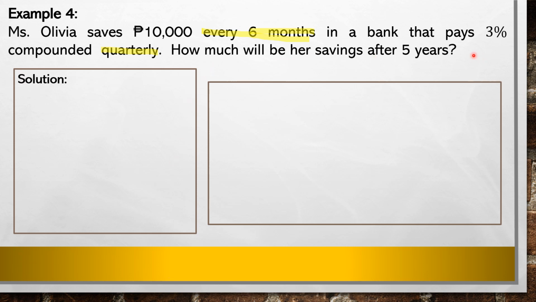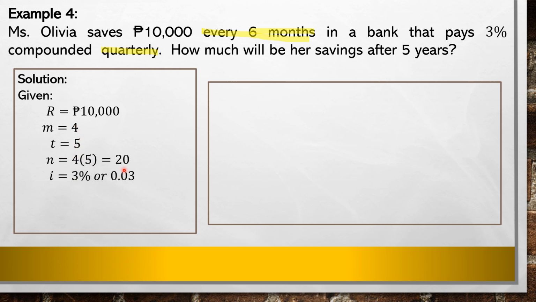Given the periodic payment, or regular payment, of 10,000 pesos, our compound conversion period is quarterly, so M is 4. Our time is 5 years, and our N is 4 times 5, so M times T is equal to 20. Our interest rate is 3% or 0.03.